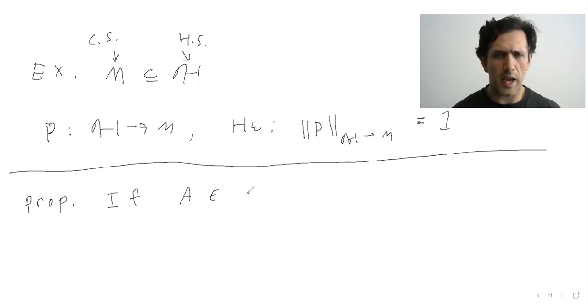If I have A, a bounded linear map from X to Y, say X, Y, and Z are all normed vector spaces.